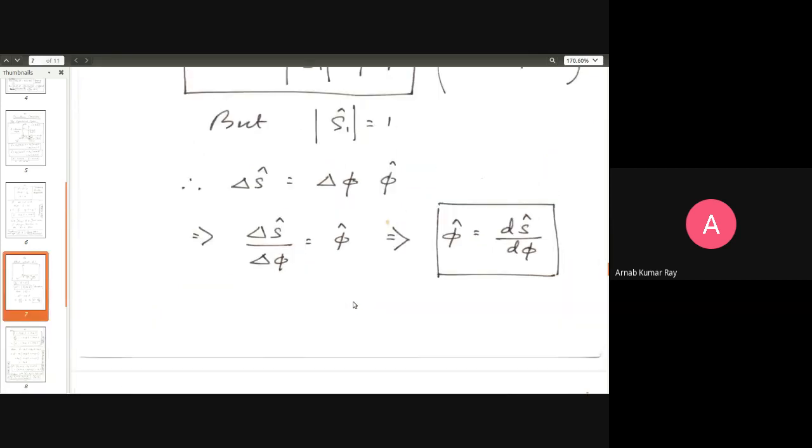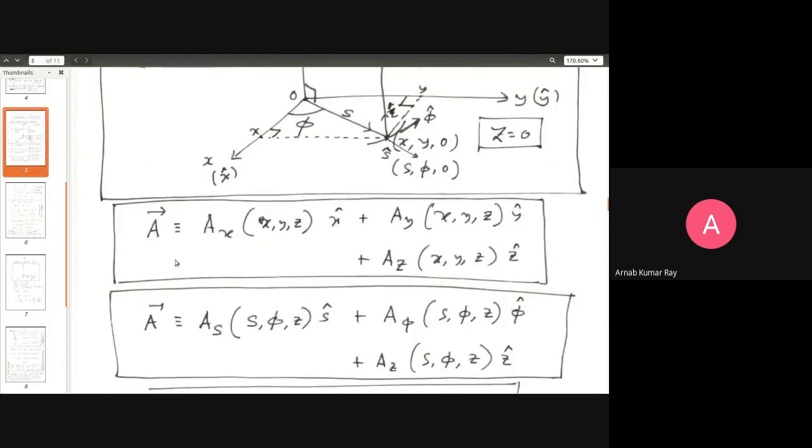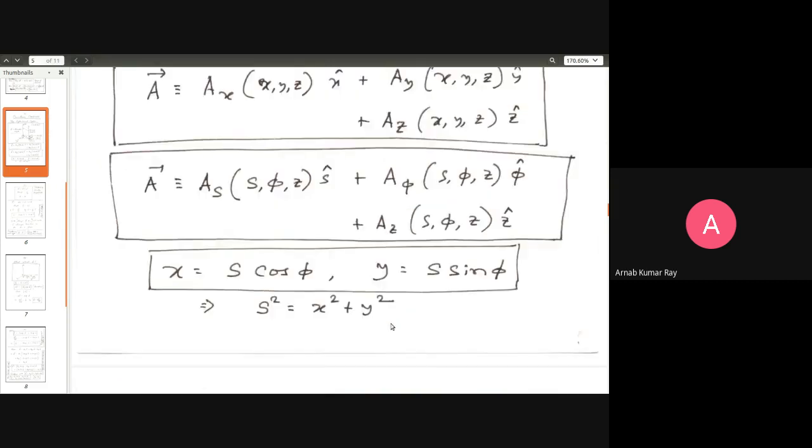Next task is, you would have noticed that I have written this vector and this vector. A is the same on the left hand side, except that the individual components have changed in the two coordinate systems. So the question is that if I were given one set of components, ax, ay, az, can I find the other set, as, a phi, az, and vice versa?